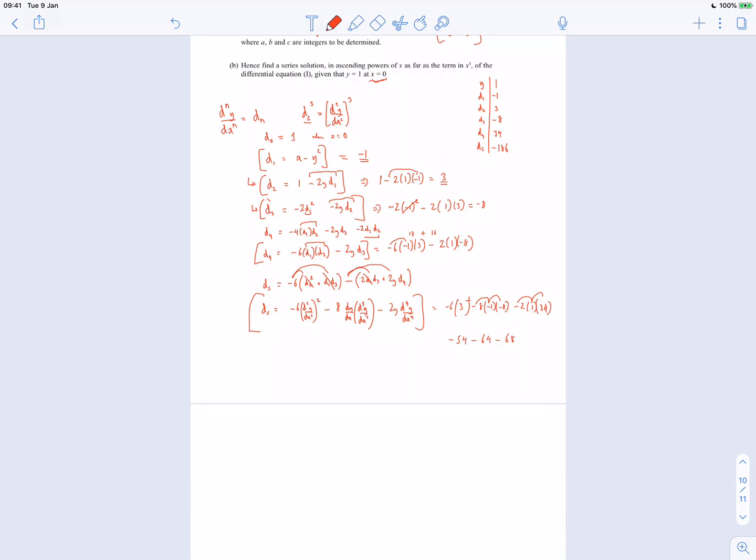So that means the solution is going to be y, which is f of x, by the way, is approximately equal to, when I sub the value in, x is 0, which is 1, plus f dashed of x, which is minus 1, times by x, that's minus x, and then f double dashed at that point, which is 3, over 2 factorial, which is 2, times by x squared, plus f triple dashed at that point, which is minus 8, over 3 factorial, times by x cubed, plus f quadruple dashed, which is 34 over 4 factorial, times by x to the 4, plus f quintuple dashed, which is minus 186 over 5 factorial, x to the 5.